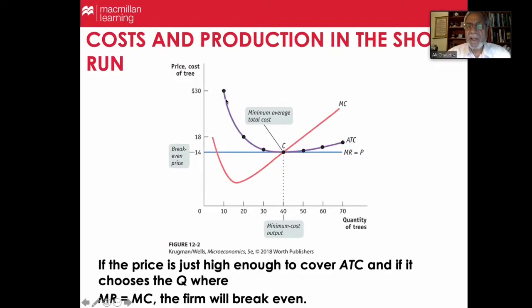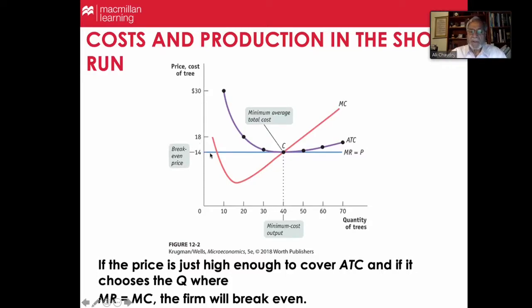One, that it is falling during this range, but it is still above the marginal cost. Once it intersects the marginal cost, then we find the average total cost is lower than the marginal cost curve. Now, they're both rising, right? Average total cost is rising a little bit slowly, while the marginal cost increases at a higher rate, all right?